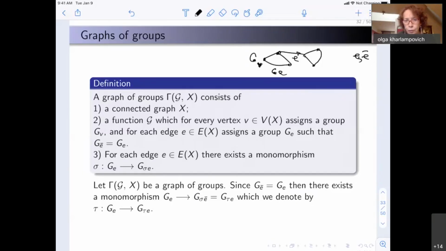So we have a graph. For each vertex, we assign a group. For each edge, we assign a group.